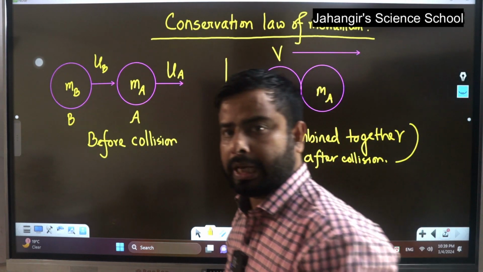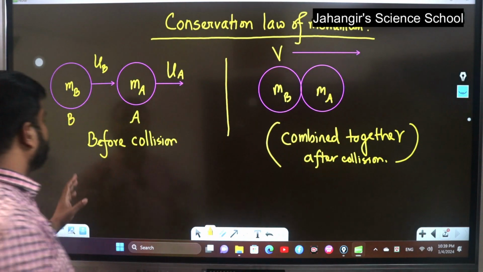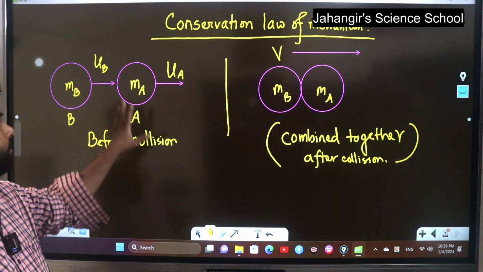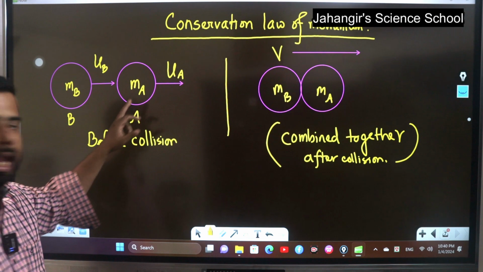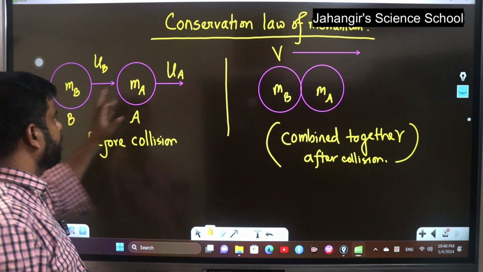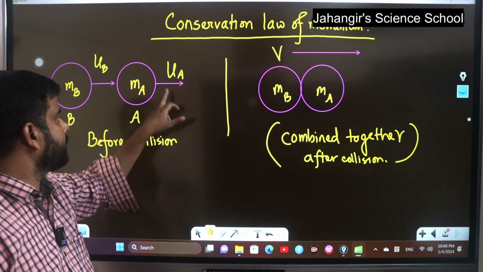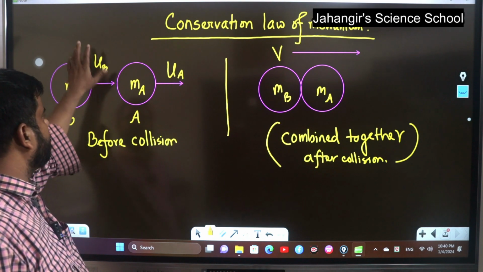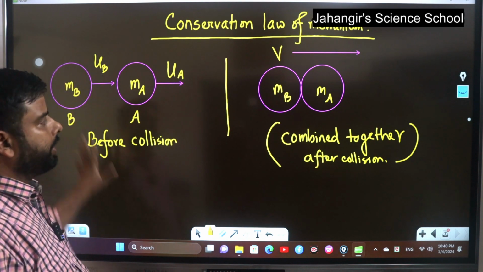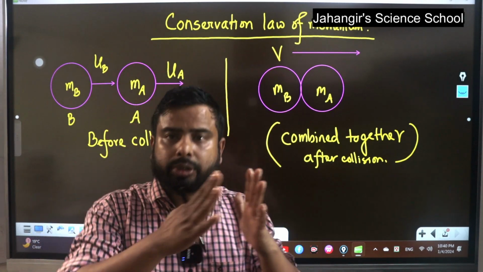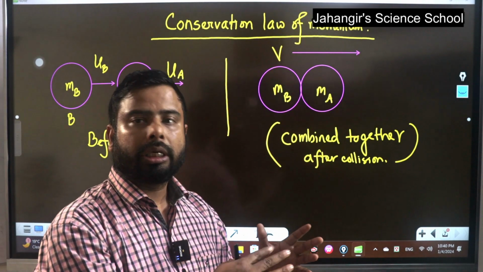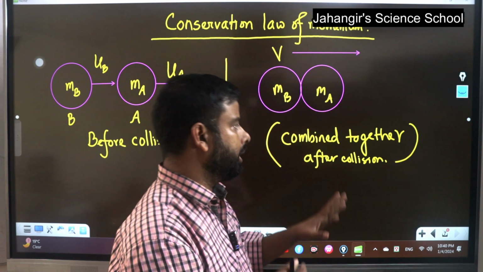Now we discuss another situation. Here two objects A and B. Mass of object A is ma and mass of object B is mb, and initial velocity of object A is ua and initial velocity of object B is ub before collision. After collision they stick together or join together and move combinedly.